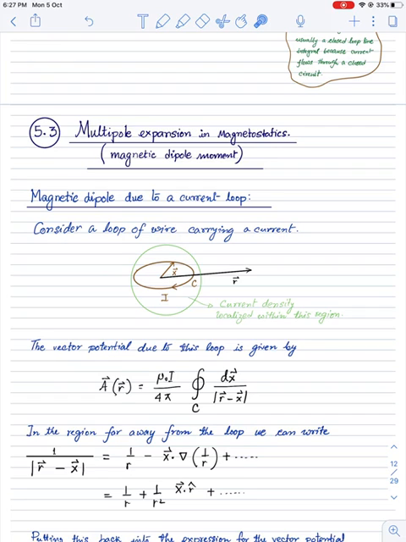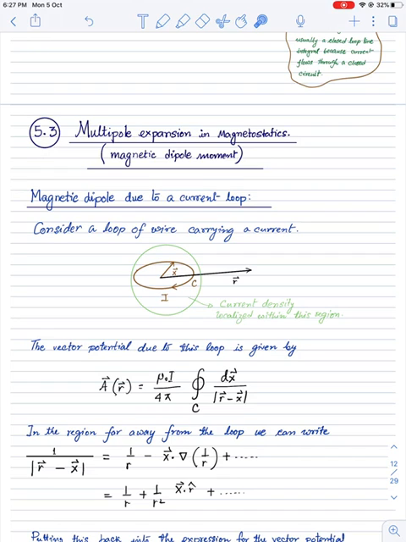Now, before going into the more complicated scenario, let us consider the simple thing first. Let us consider this tiny little loop here, which can be a circular loop as well, through which current is flowing. One point in this loop is given by this x vector. Any point on this circular loop is given by this x vector.